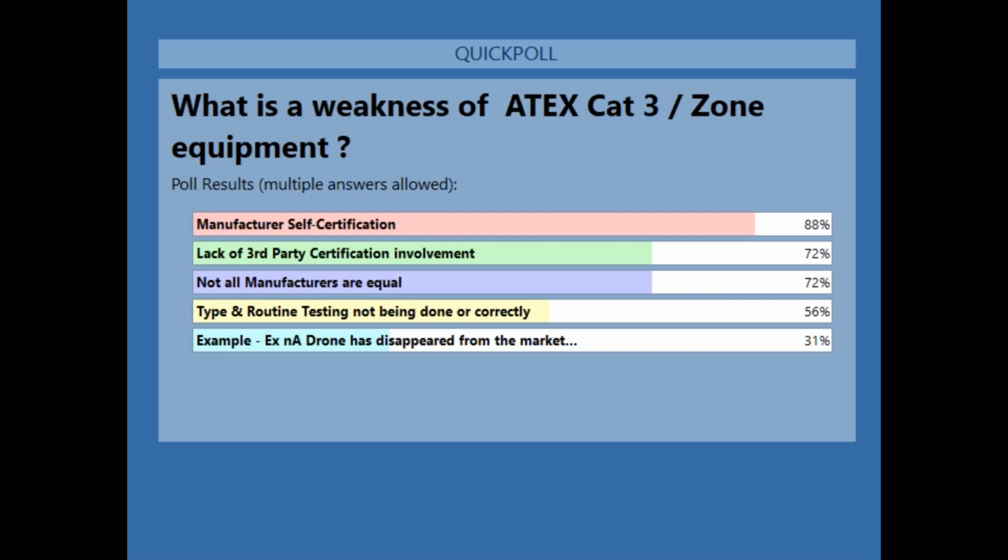Who's auditing them? No one. And that EXNA drone, well, that was an expensive drone that the company went under and went off the market. If that drone were to crash, would it cause an arc or spark? I would probably say yeah. Probably why it disappeared.